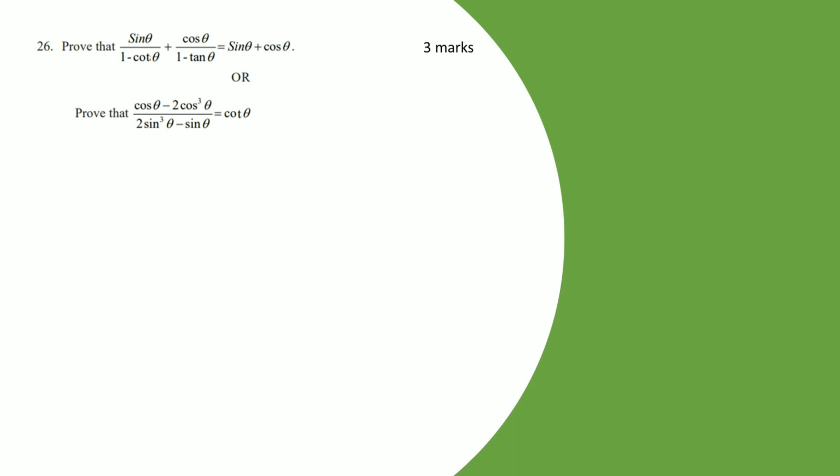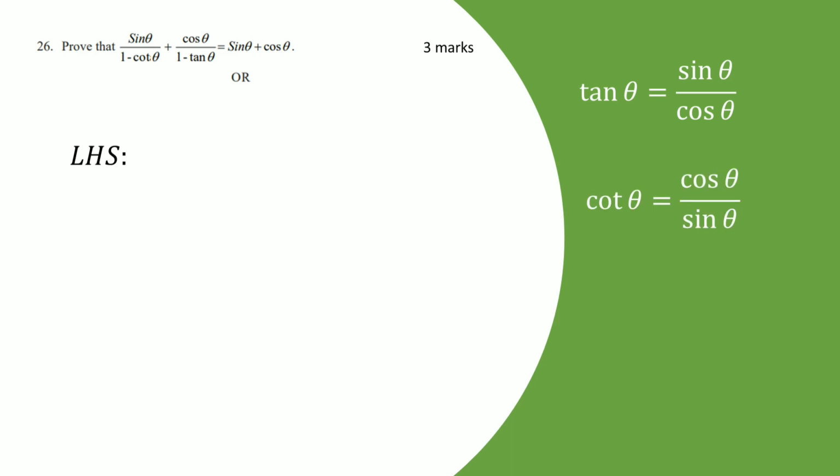This is a 3 mark question, which is also very simple. You can select the easier one for you, but you have to practice both while practicing the model question paper. Let me do this one. Here you have to change both cot theta and tan theta in terms of sin and cos. This is the clue.